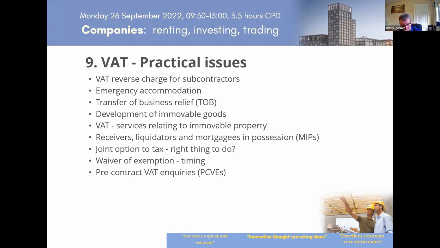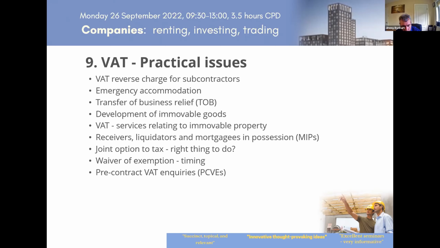What we intend to cover, following on from Gary's RCT, is the reverse charge for subcontractors, a quick look at emergency accommodation, transfer business relief, which is a big one, some of the activities that constitute development of immovable goods or services connected to immovable goods, and the place of supply rules pertaining to that.